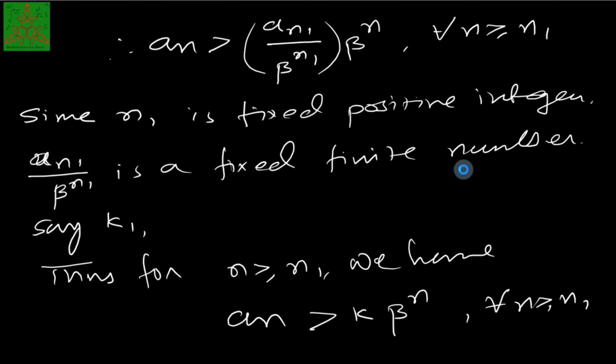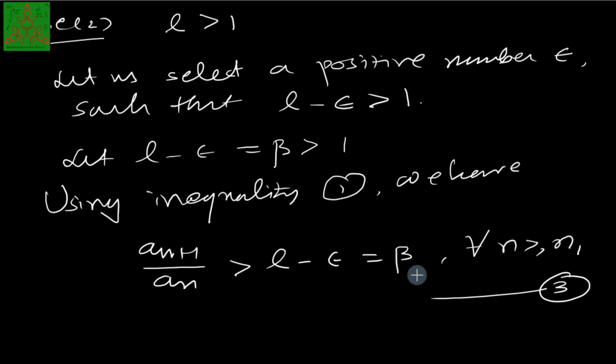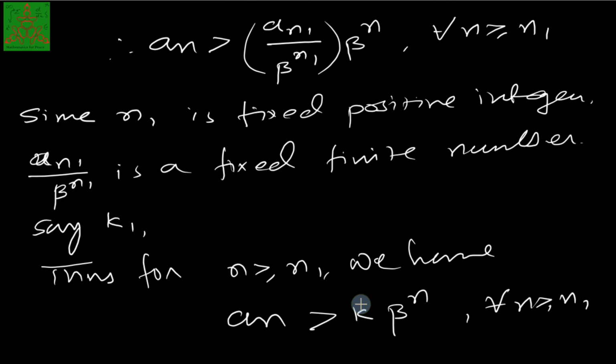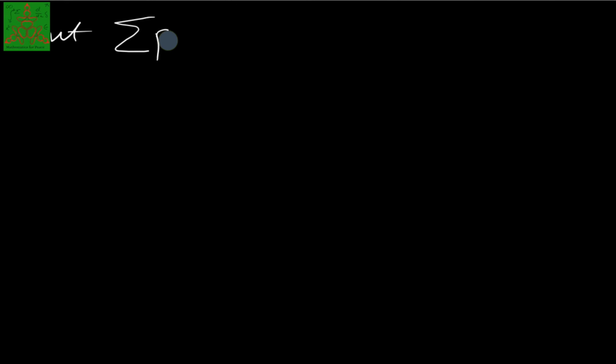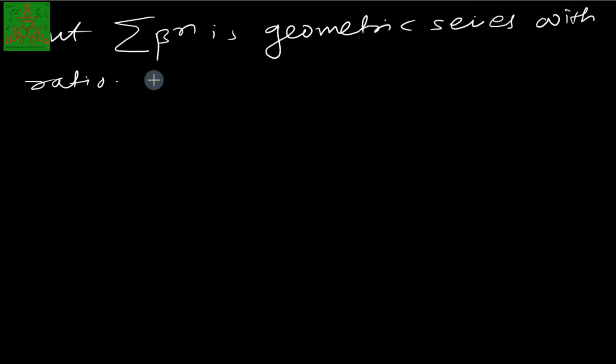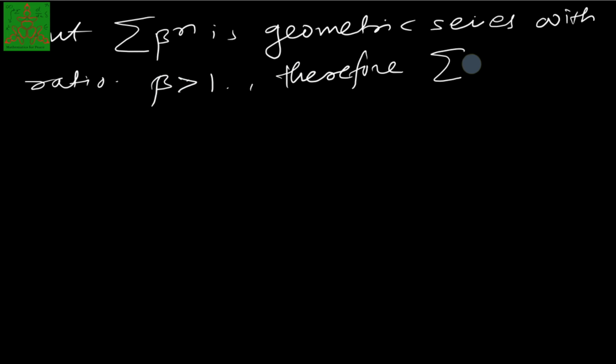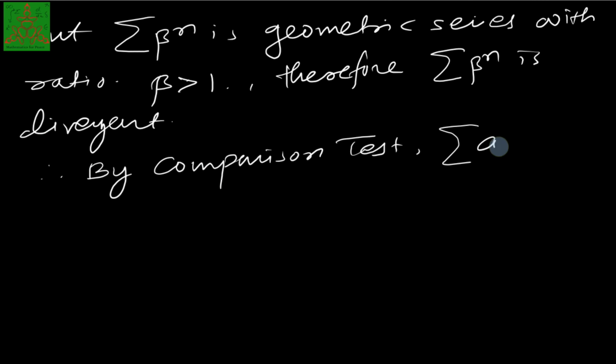So that's why this summation of beta power n is divergent, and by comparison test we can say that the summation of an is also divergent. Therefore summation of an is divergent.